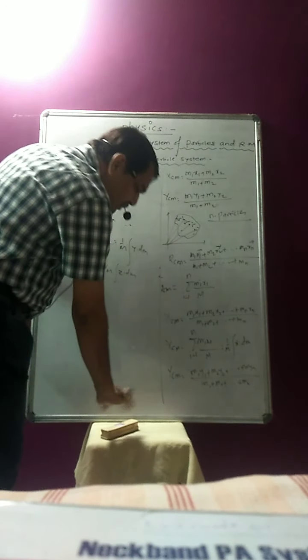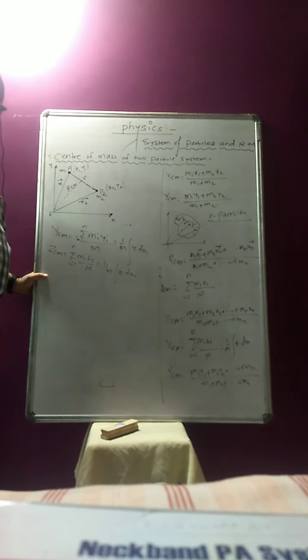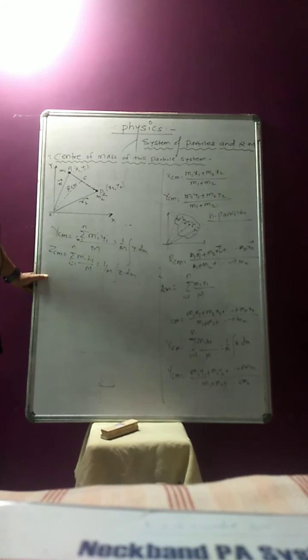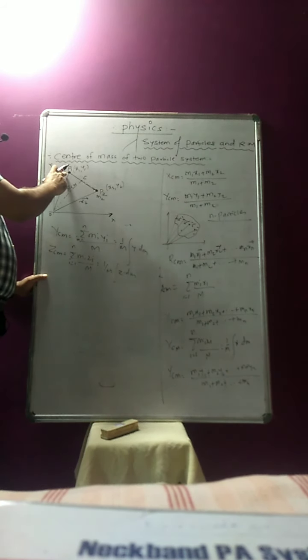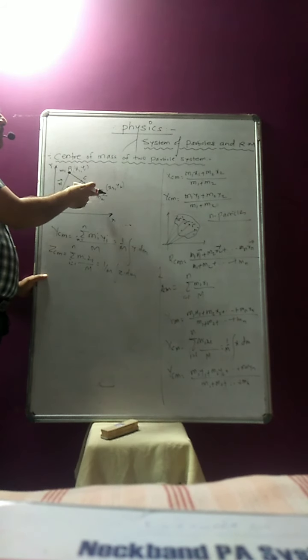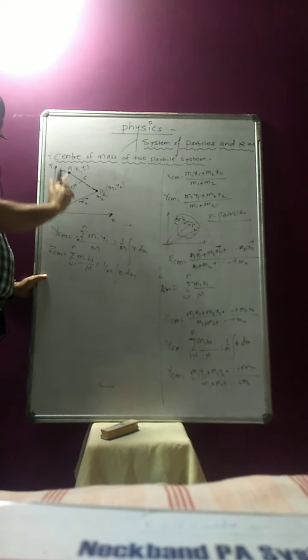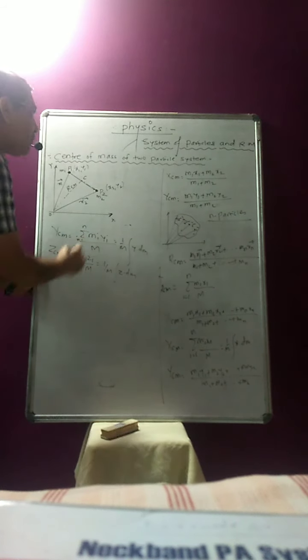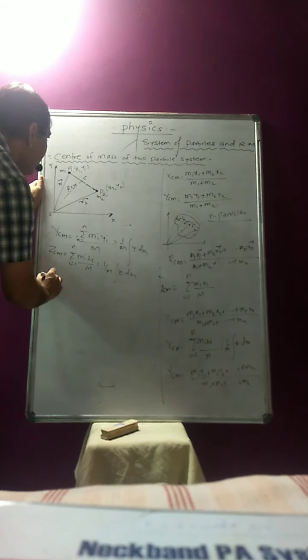But now suppose I want to find out, instead of the position vector, the velocity vector of the center of mass. So if I consider v1 to be the velocity vector of the first particle m1, and v2 the velocity vector of the second particle having mass m2, what will be the velocity vector of the center of mass?